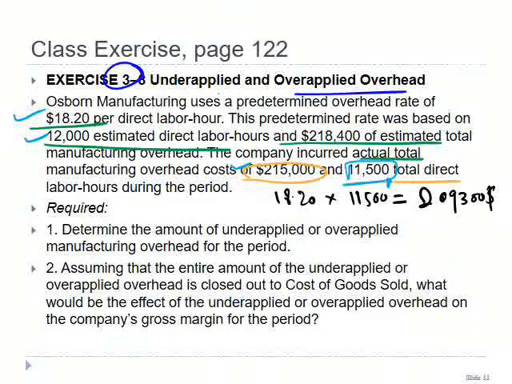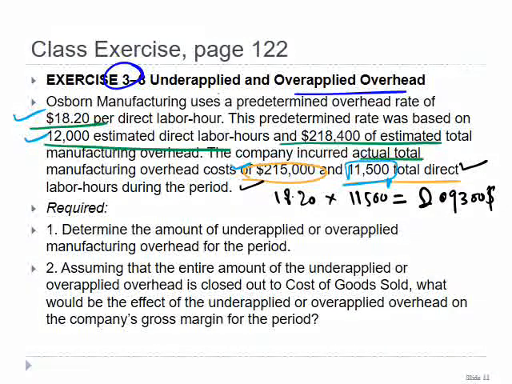Right? So it means that if they have worked 11,500 direct labor hours, they would have charged $209,300 to manufacturing overhead, but instead they have incurred 215,000 manufacturing overhead.